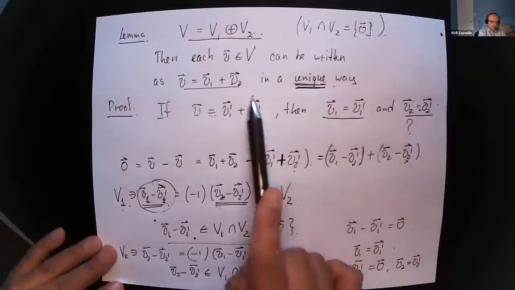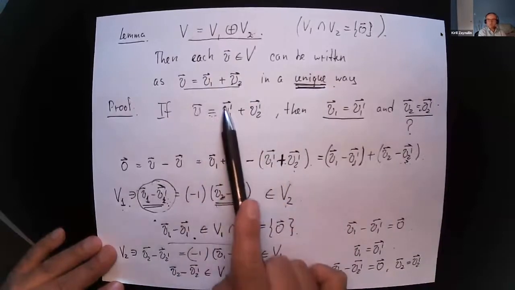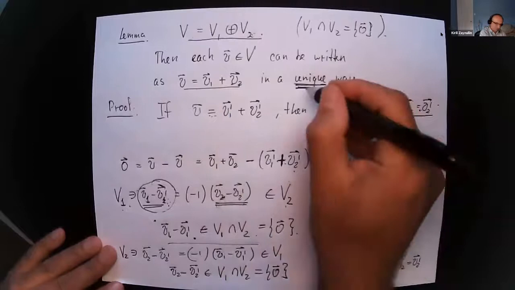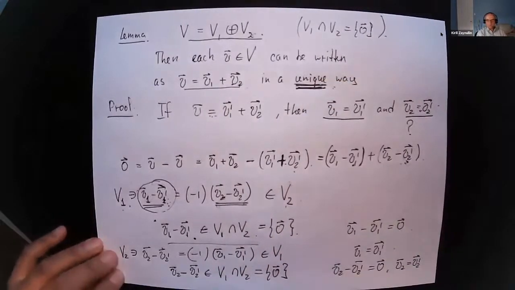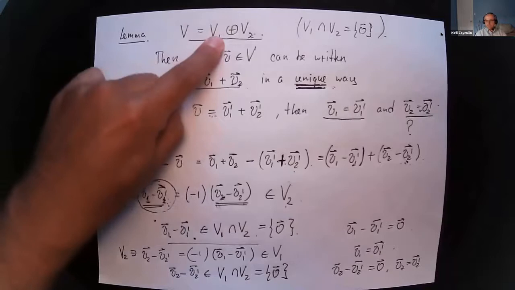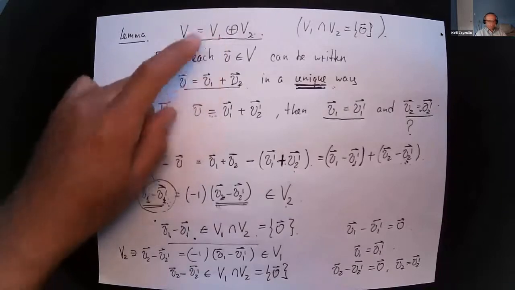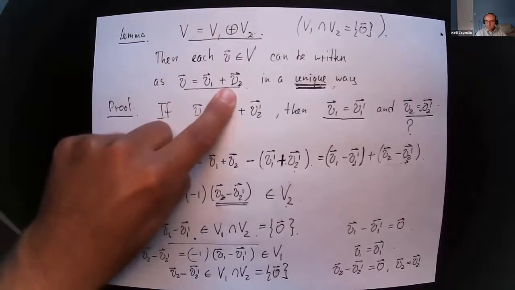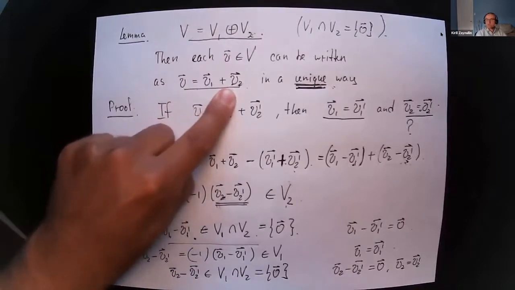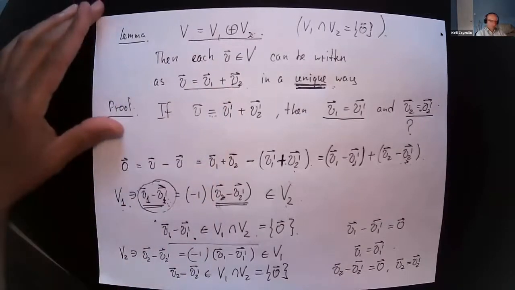So this expression is unique, and that's exactly what is written here. Okay, so that's a very useful fact. Whenever we have a direct sum, it means that we can write a vector V as a sum, but not just a sum, a unique sum of two vectors.